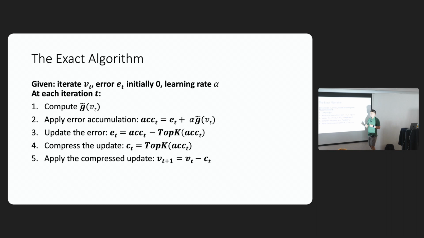I'm going to make things a bit easier by assuming there's a single node that's transmitting gradients to itself. We're not going to assume two nodes, just a single one, and this node wants to compress its own communication. So we're just going to analyze a sequential version of this process instead of multiple nodes.